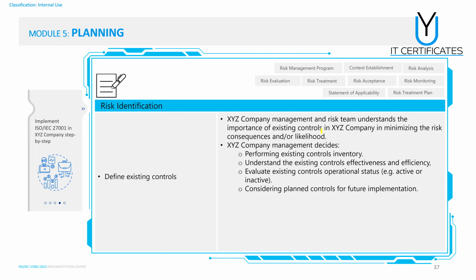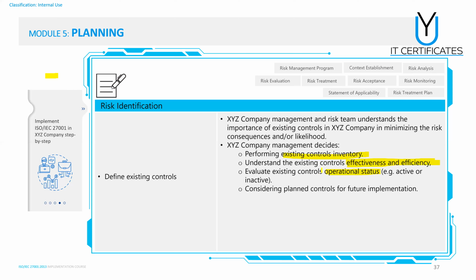Then you have to understand what security controls they have. And this will be very important. But the most important thing is to understand if they have it or not, you have to define these points: the existing controls inventory, and the effectiveness and efficiency of the security controls, to evaluate the operational status.